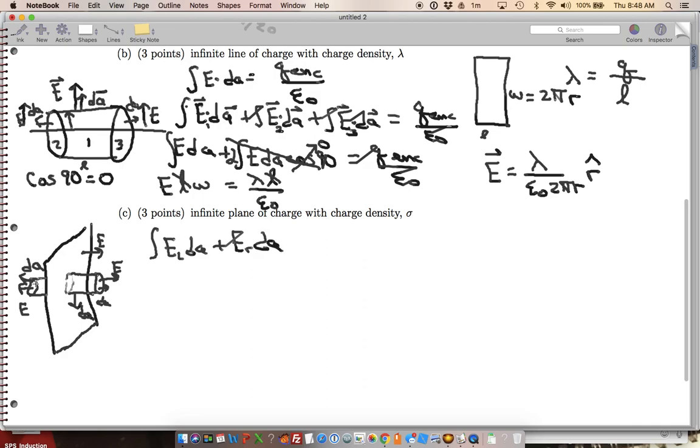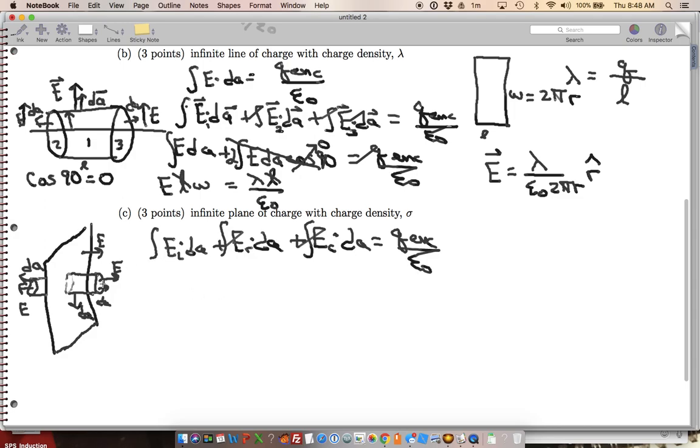This is the end of the can for the left, this is the end of the can for the right, and then this is my cylinder part, plus E cylinder dA. Dot products on all of these, integrals, and then is equal to Q enclosed over epsilon naught.